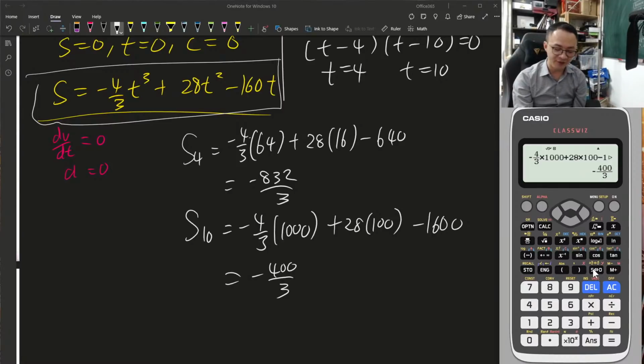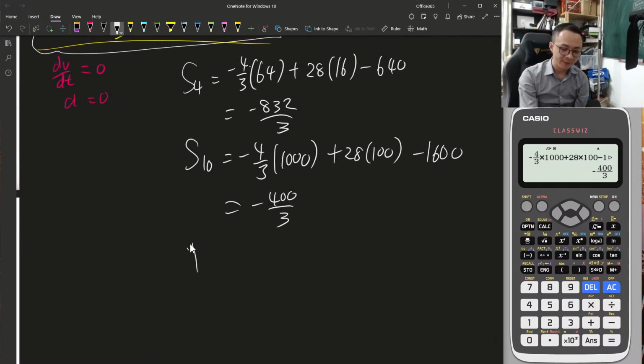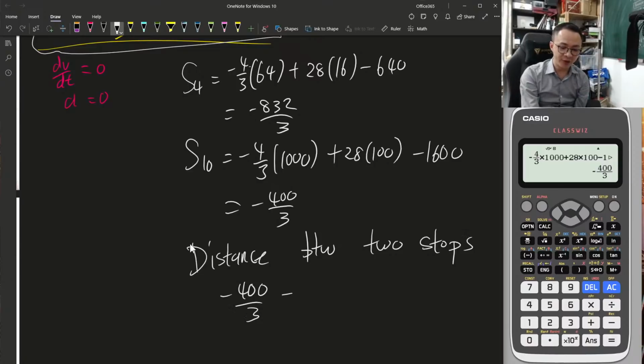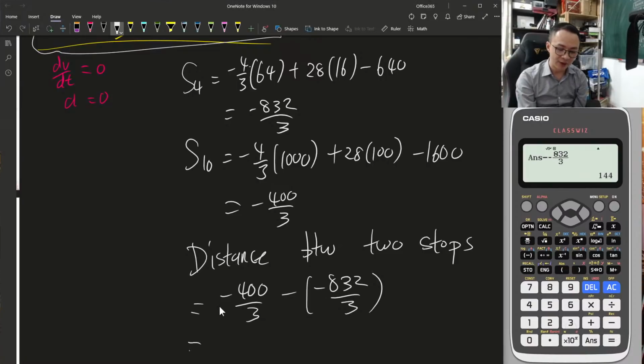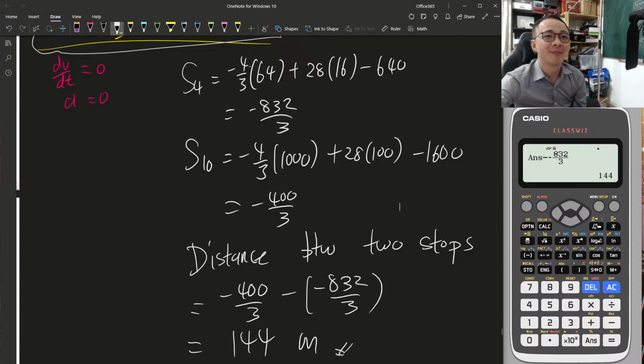All right, so definitely I want to find the distance. So the distance between the two stops is negative 400 over 3 minus negative 832 over 3. So yeah, it's about 144 meters. This will be the distance between these two stops.